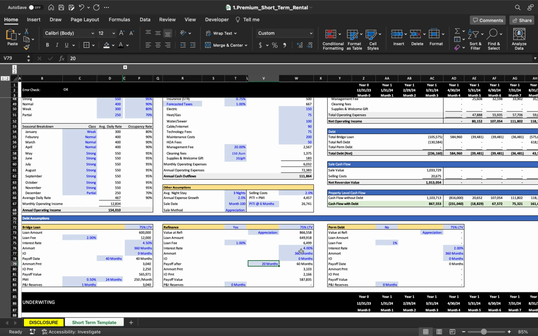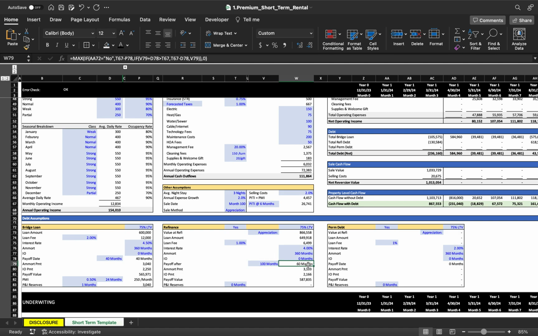So if we update it, you have that first loan, you're taking it out in time 0, you're holding it for 40 months, and then you're doing the refinance in month 40, and then you're holding this because you have no refinance thereafter. You're holding this piece of debt for 60 months thereafter. But if we toggle perm debt to yes, then this will factor based on the payoff date. So you can even make this 100.